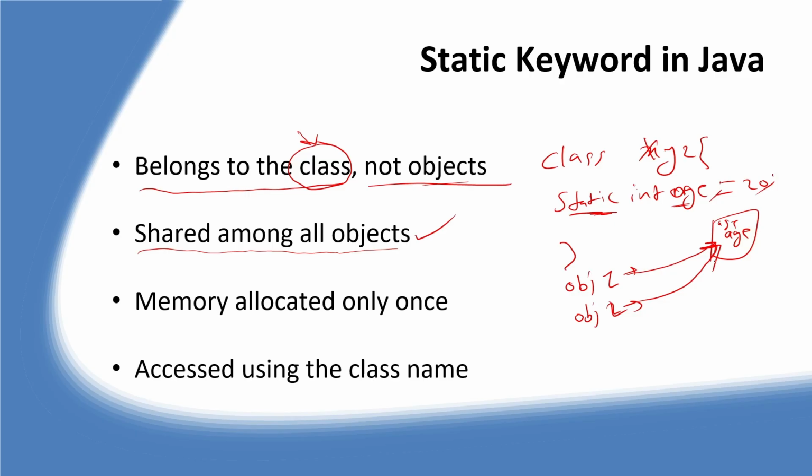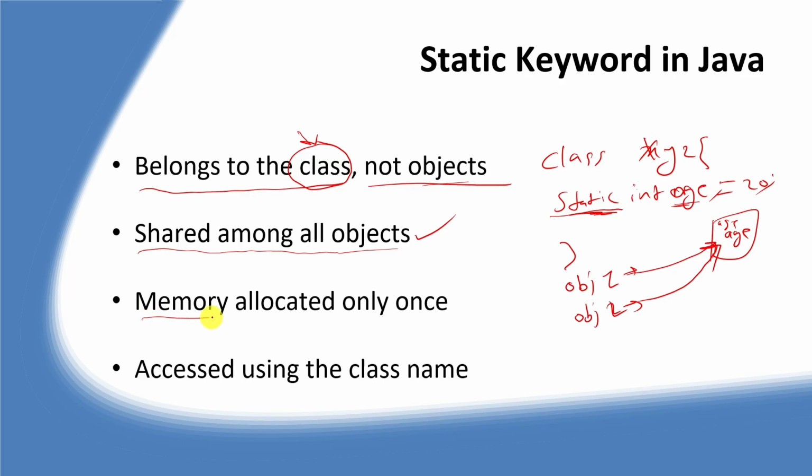That's what is written, shared among all objects. Here we have taken an example of two objects. This variable is shared across multiple objects. Why? Because we have mentioned it as static.